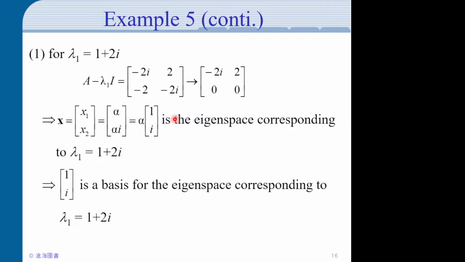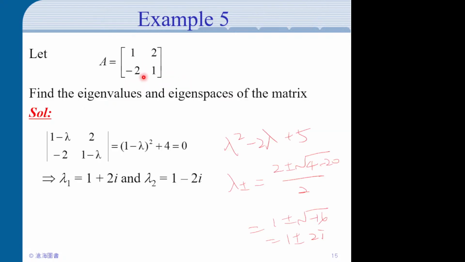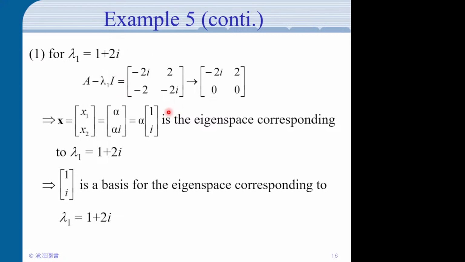Now we need to do complex Gaussian elimination because A minus lambda 1 I is a complex matrix: minus 2i, 2, and minus 2, minus 2i. Here I will just state that it is true: you can do Gaussian elimination on complex values, just that all the multiplications can have complex coefficients, and you can still do Gaussian elimination.